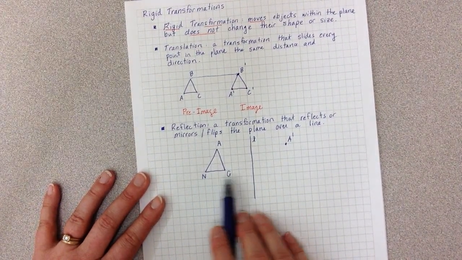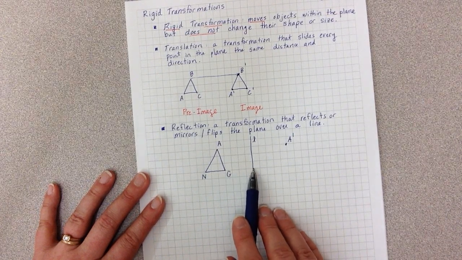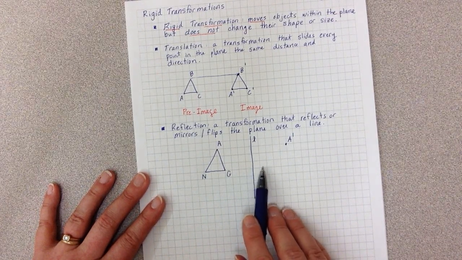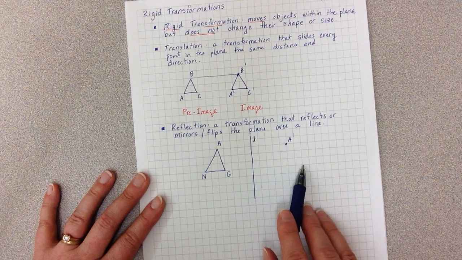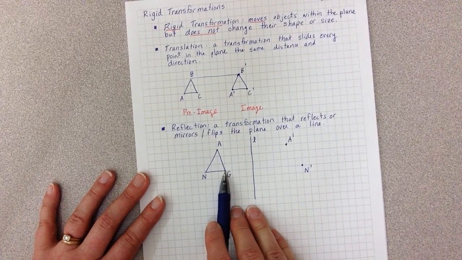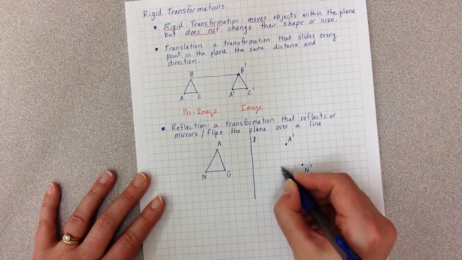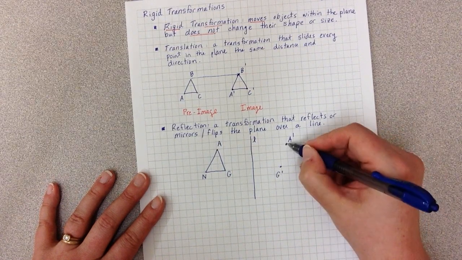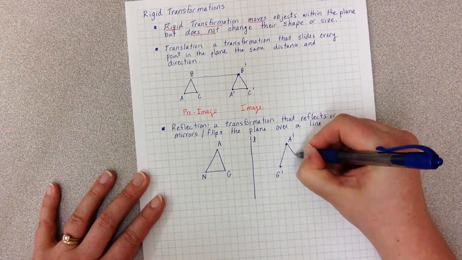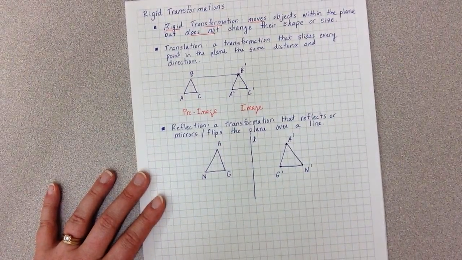And that will be true of N and G. So N is 1, 2, 3, 4, 5, 6, 7 from line L. So we're going to go 1, 2, 3, 4, 5, 6, 7. And then G is 1, 2, 3, 4. So we'll go 1, 2, 3, 4. And I've now reflected the triangle NAG over line L.